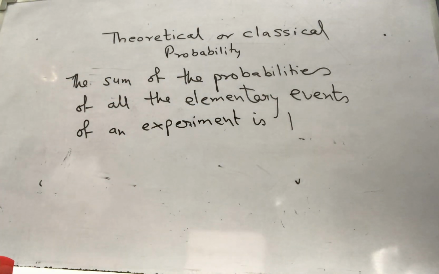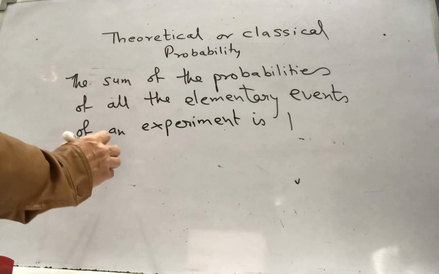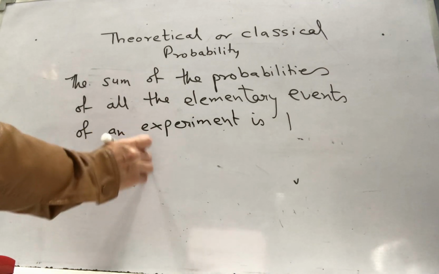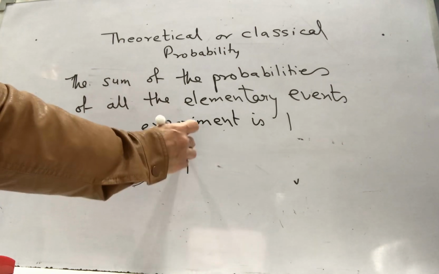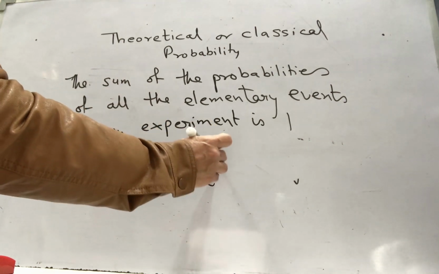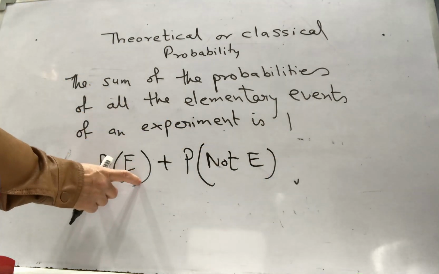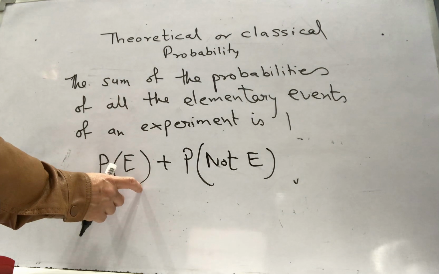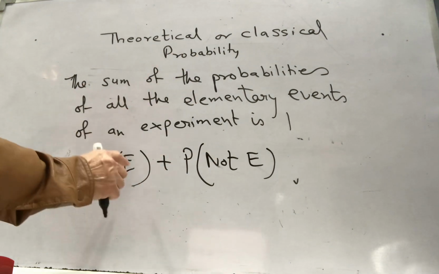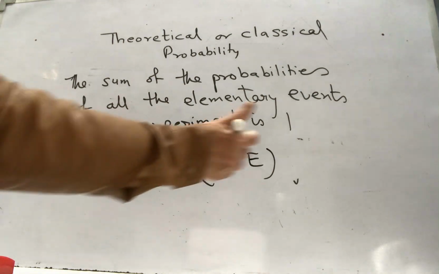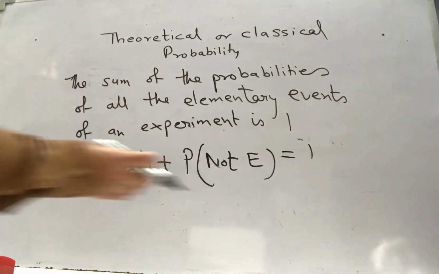Now whenever you add up probabilities, the sum should be 1. So we can also write, if we check the probability of an event and also the not happening of the event, that is not E. If I am looking for a green ball, I have so many balls, so getting green and not getting green, if you add up, the sum will always be 1.